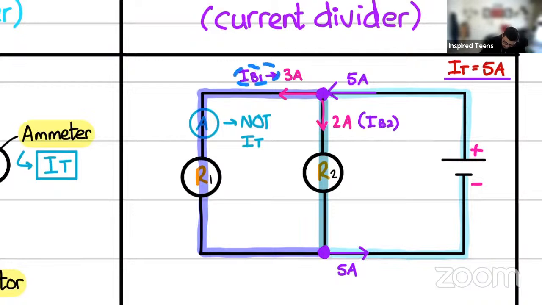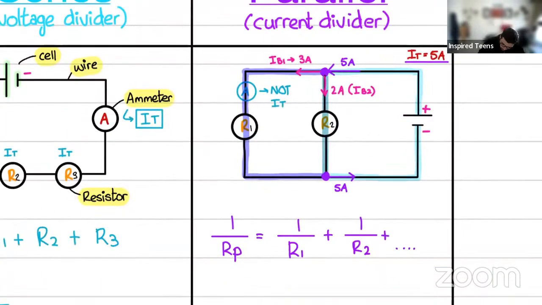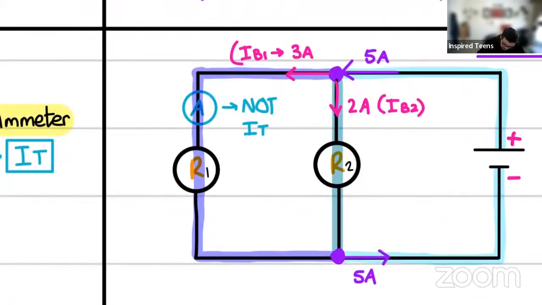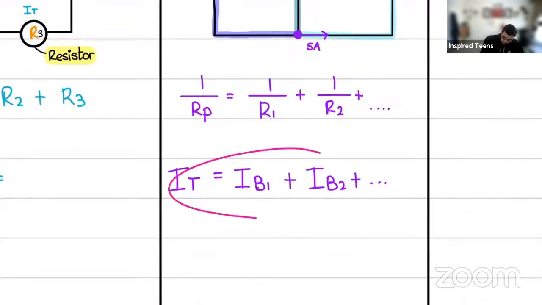Let's pink them out. So the current splits into 2 different branches of current, and the total would be the sum of both of them, 3 plus 2 in this specific case gives us 5. So that's how we can get I total.